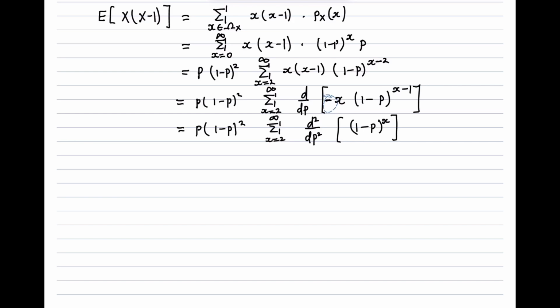Now we're cooking with gas, because again, in a similar fashion to before, we can take out the sum of second derivatives. It becomes p times (1 minus p) squared, the second derivative of the sum of (1 minus p) to the x.